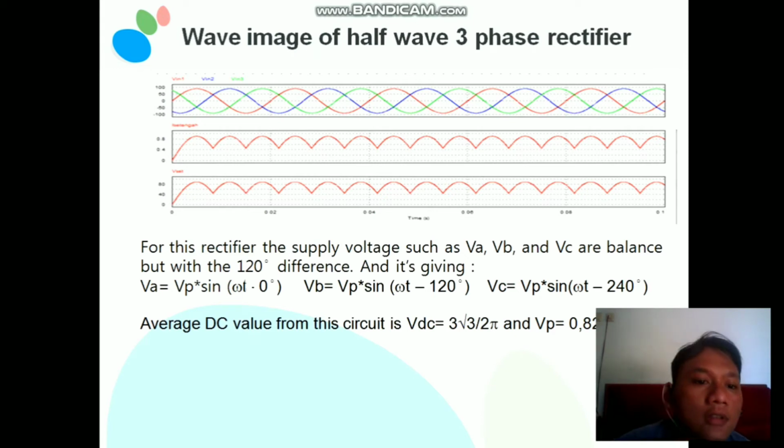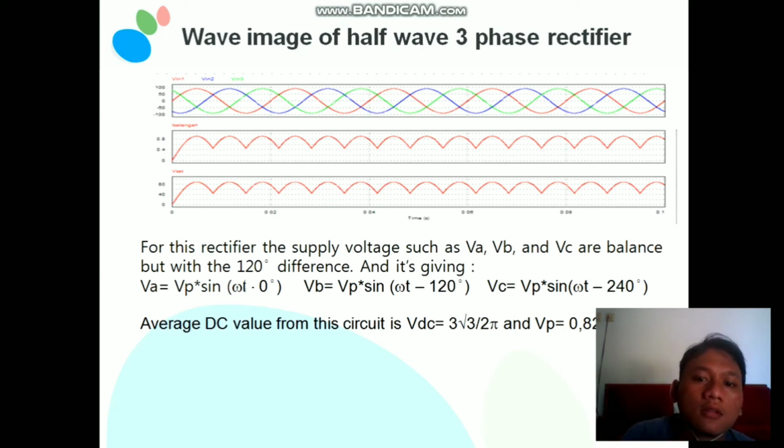The formulas are VA equals VP times sin omega t minus 0 degrees, VB equals VP times sin omega t minus 120 degrees, and VC equals VP times sin omega t minus 240 degrees.